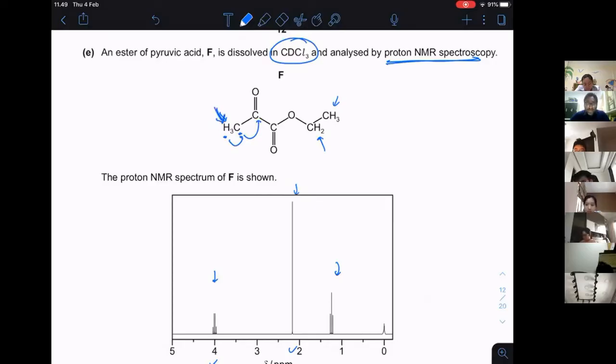So in this case, if I just look at this CH3, for this hydrogen over here, if I look at the neighboring carbon, there is no hydrogen. If there is no hydrogen, there will be a single peak. You can see that they have a single peak without splitting. So this peak automatically represents over here. I want you to actually understand this.